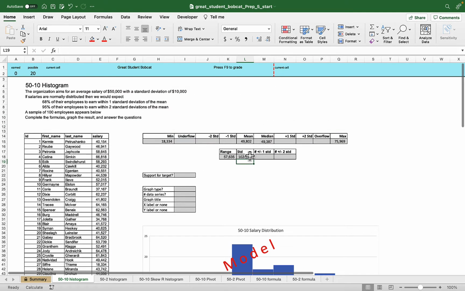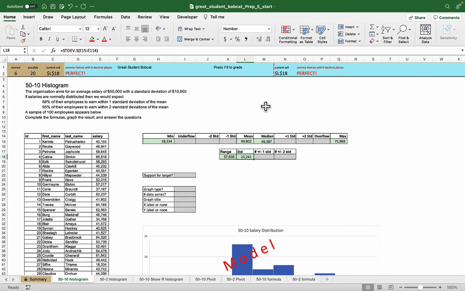And we see that that is 10,240. That number is not formatted like the other ones are. So let's get that formatted. Let's go ahead and do some grading here too, just to see how we're doing. So, looks pretty good so far.